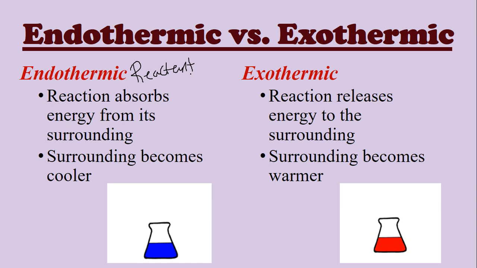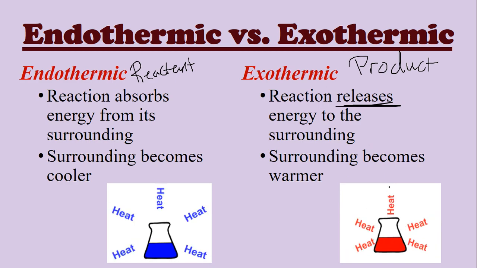You're going to have heat, energy, or light as a reactant. And usually when this happens, the surrounding does get cooler. In exothermic reactions, you're going to have heat, energy, or light as a product, because it's going to release it to the surroundings. And if you release it to the surroundings, they will become warmer.